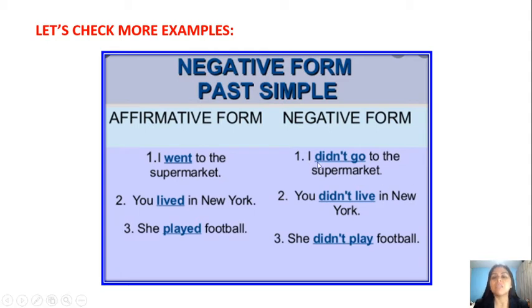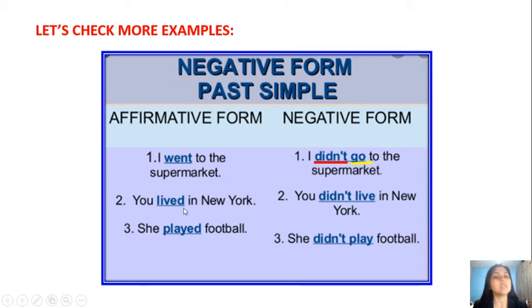I didn't go to the supermarket, right? Remember that you have to use didn't, the auxiliary verb, and also the verb in present. I didn't go to the supermarket. We are expressing past.